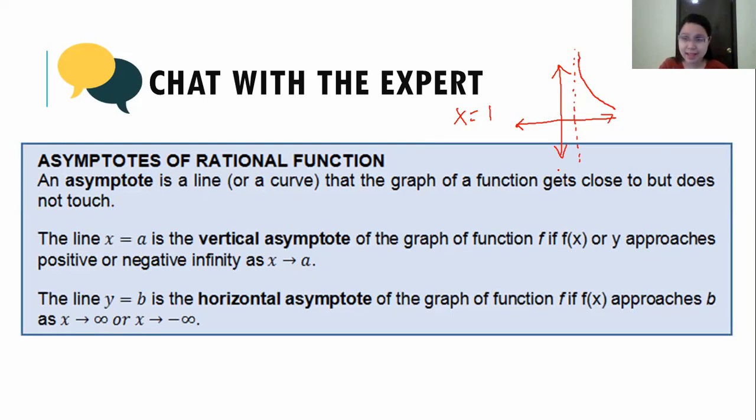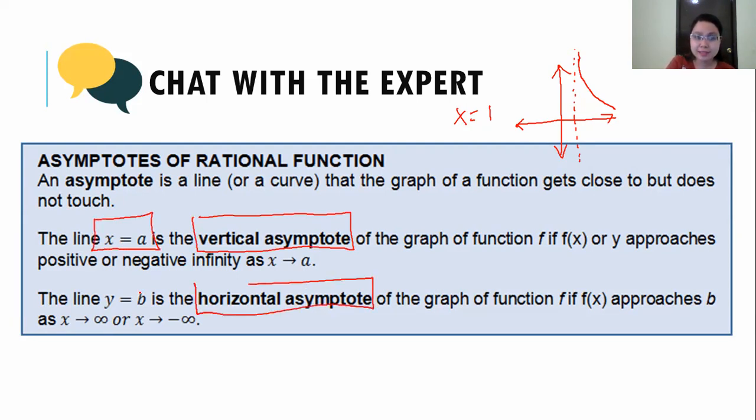Now, there are two kinds of asymptotes. We have the vertical asymptote, that's x equals a number, and the other is the horizontal asymptote, y equals a number. So in here, this is our vertical asymptote, and if we have y equals 1 as our horizontal asymptote, it will look like this.